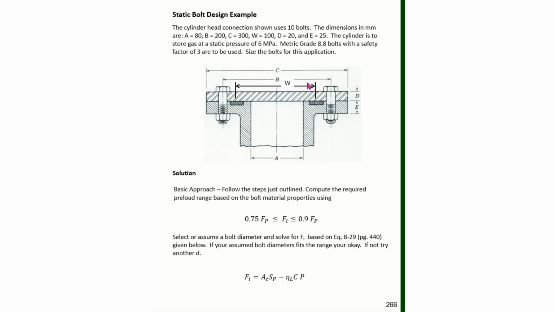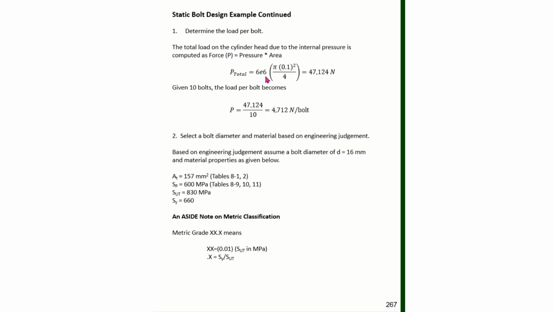To find the total force, we take the pressure times the area, and that will give us the total force on the cylinder head. The pressure is 6e6, the area would be pi d squared over 4, where our d is the W dimension of 100 millimeters, and we'll put that in units of meters, and we'll compute 47,000 newtons for the total force on the bulkhead.